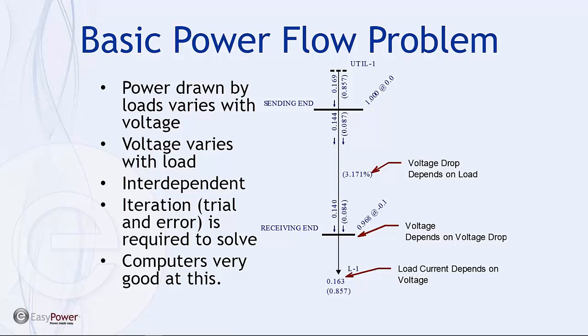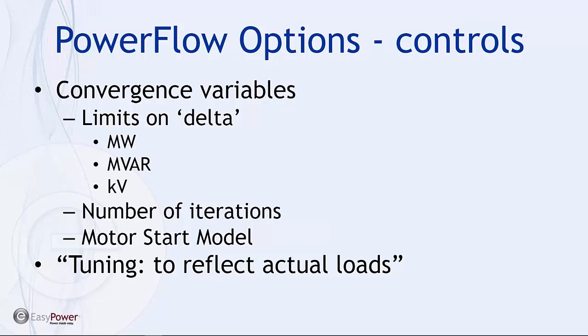Well, it turns out computers are very good at this, and what we end up with is the need, in terms of programming the computer, for being able to resolve the solution in spite of the fact that there could be differences on where the ultimate solutions of these equations end up. So part of the controls involves the ability to set the variables involved in this convergence.